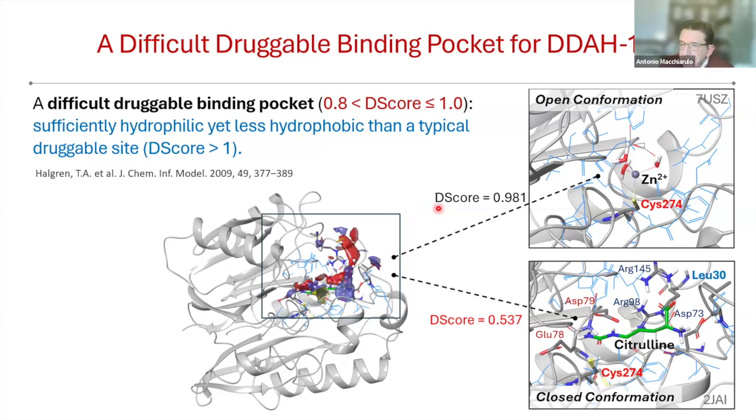Here we can see two examples: DDAH1 in an open conformation complexed with the zinc ion, an endogenous inhibitor of this enzyme, with a drug score of 0.9, and the catalytic site in complex with citrulline, the reaction product, with a very low drug score of 0.5.